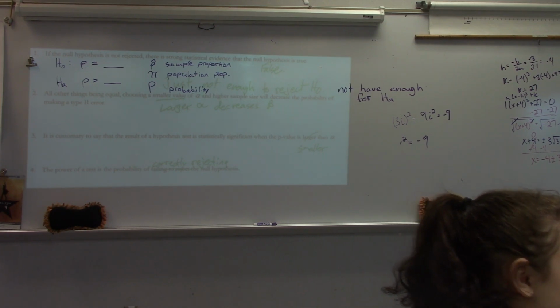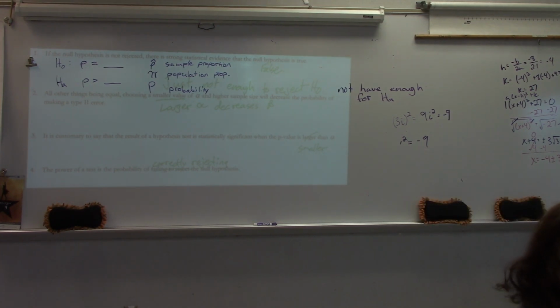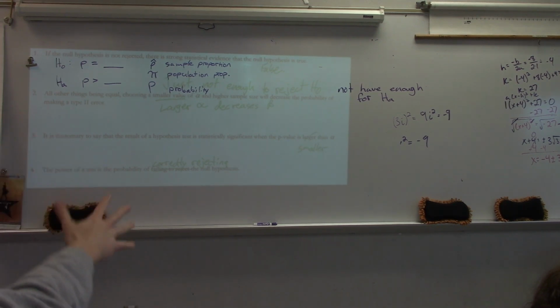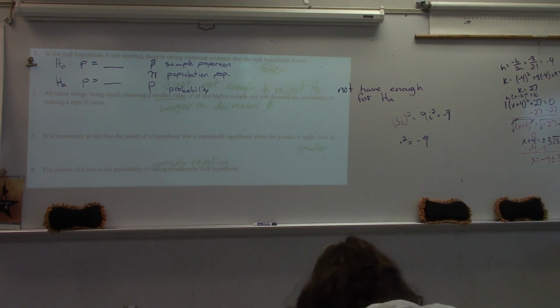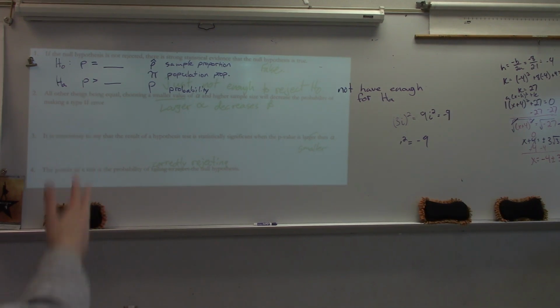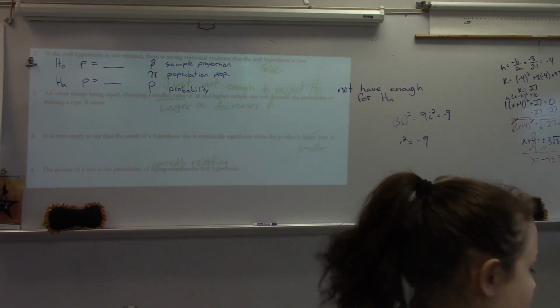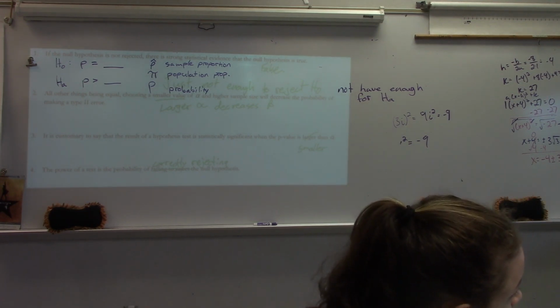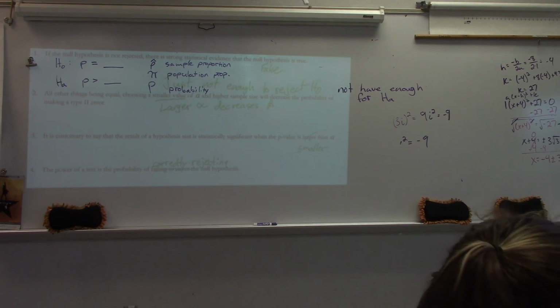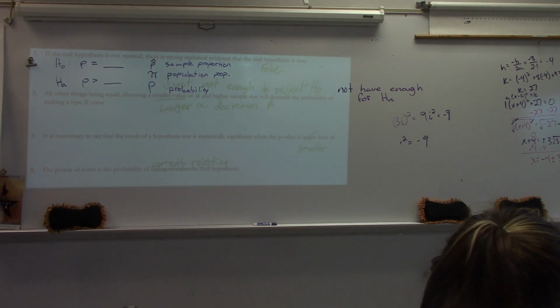Well, that's how we calculate the power, right? But what is the power? The power of the test is the probability of correctly rejecting. The way we calculate it is 1 minus the probability of a type 2 error, right? And it's related to alpha and beta, but it's not those things. What is power? It is the probability of correctly rejecting.